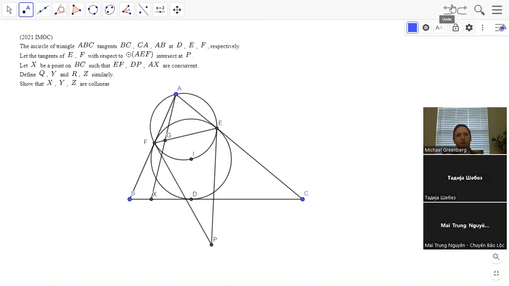We could try using projective geometry, so we could try letting EF meet BC at a point, and then projecting those points through A onto EF. It's one way to do it. So yeah, I missed this line right here.